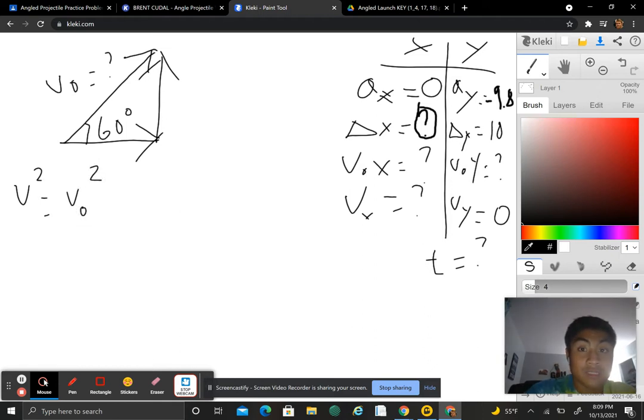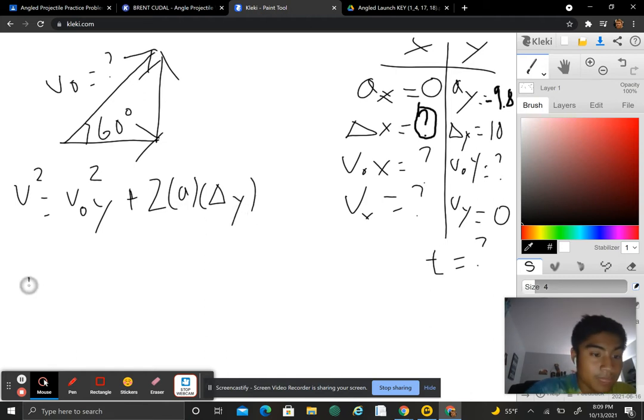Remember, since we're trying to find initial v for y, this is v naught y in this case, plus 2a delta y.